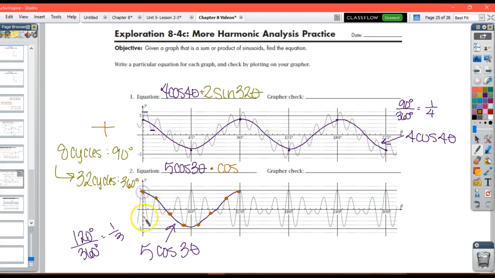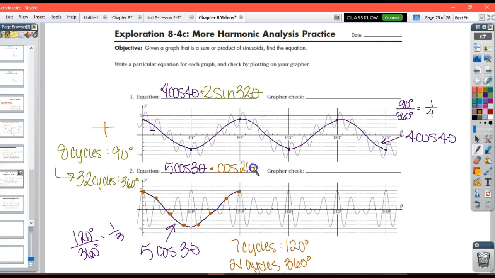So since nothing happened here, this would be one cycle, 2, 3, 4, 5, 6. I have 7 cycles between 0 and 120. Well, to get to 360, I know that would be 3 times larger than 120, so I'd have 3 times the number of cycles, which would end up being 21.